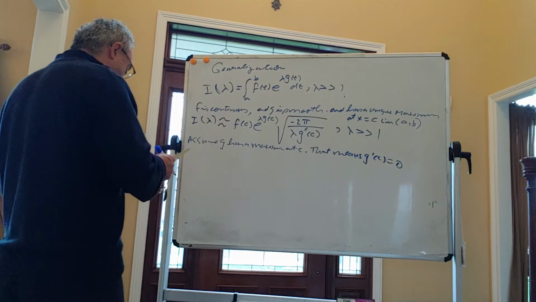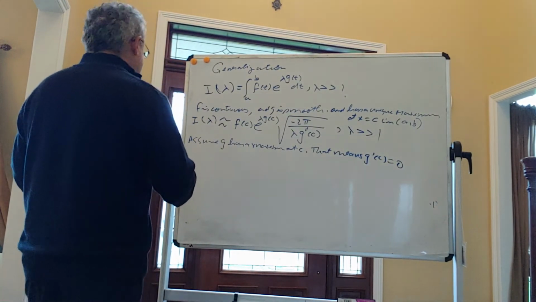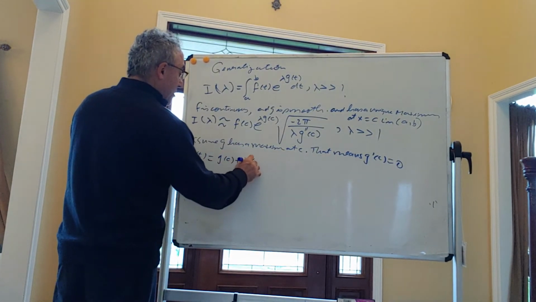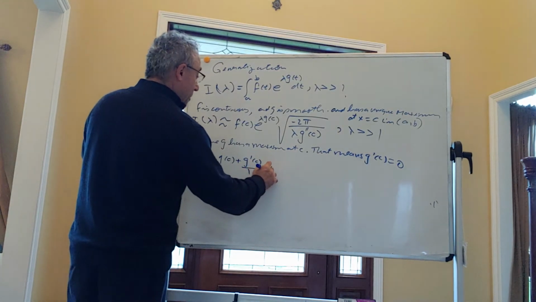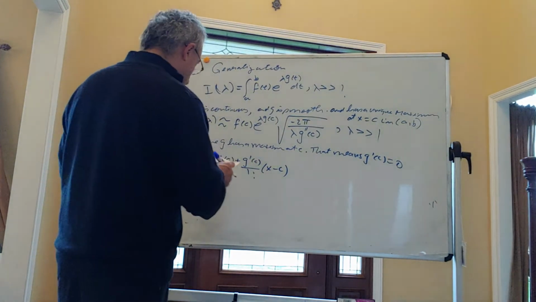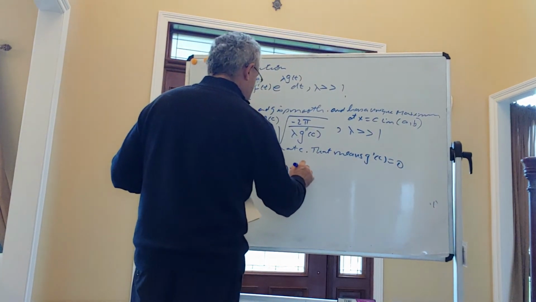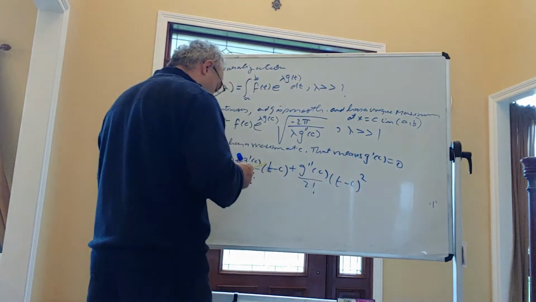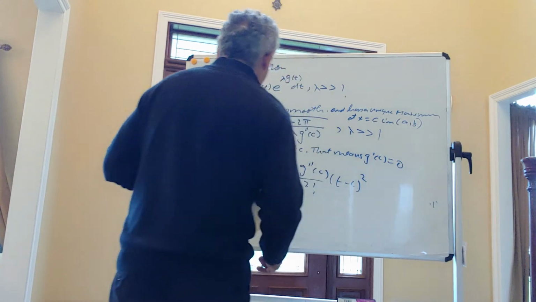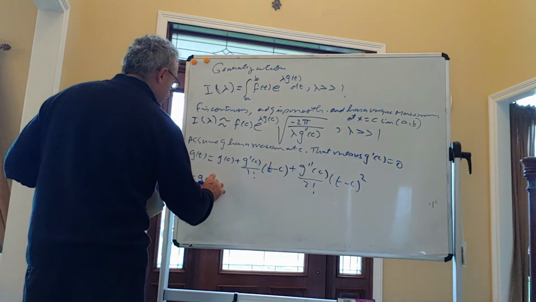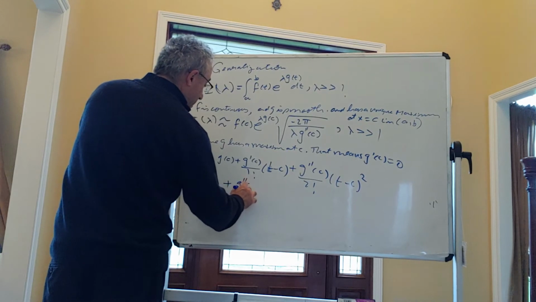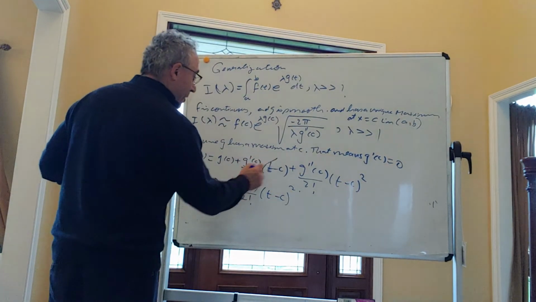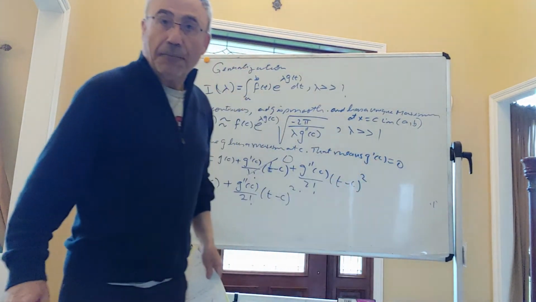So let's write g of t as g of c plus g prime of c over 1 factorial times t minus c, plus g second of c over 2 factorial times t minus c squared. And let's only do 2 terms. So this is g of c plus g second of c over 2 factorial times t minus c squared. Why? Because that term is 0, because g prime of c is 0.